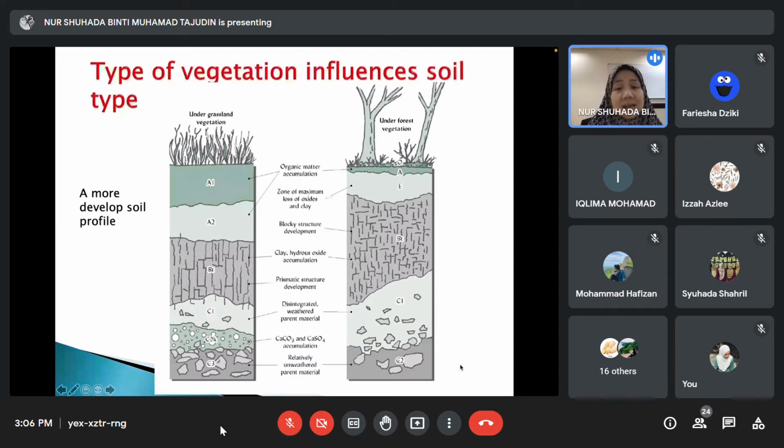So it affects the horizon. If you see here, the B horizon is almost the same, but in the O horizon, the organic matter layers are more compared to the forest. Okay, that is how vegetation influences the soil types.